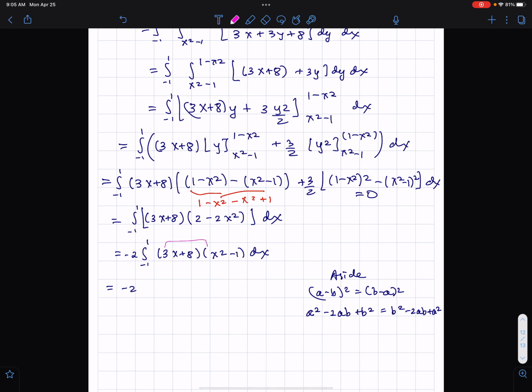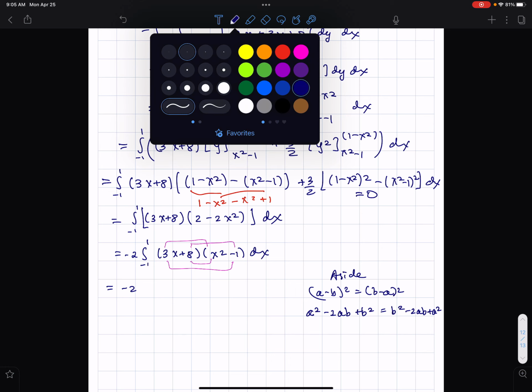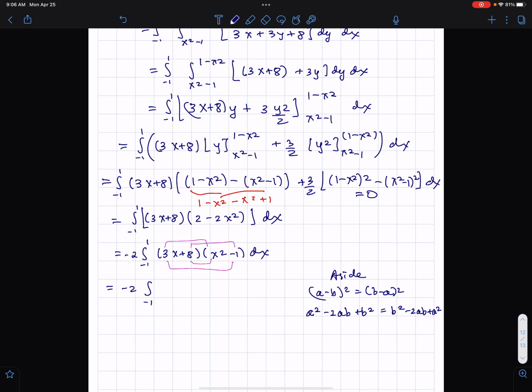So I'm going to do the first, the outer, the inner, the last, all that. This FOIL character. All right, so I have 3x cubed minus 3x plus 8x squared minus 8 dx.